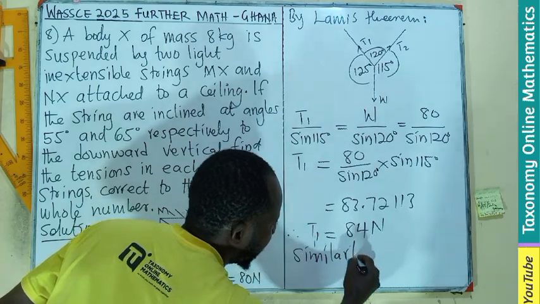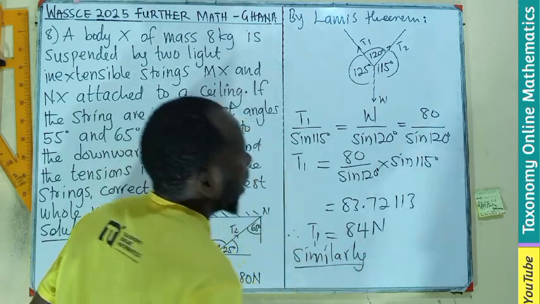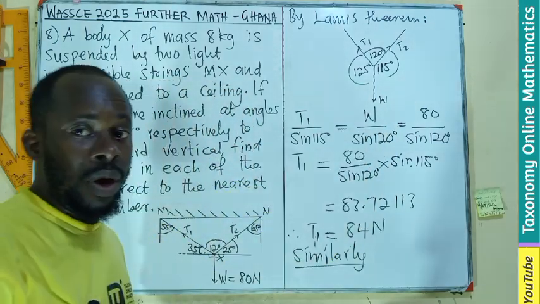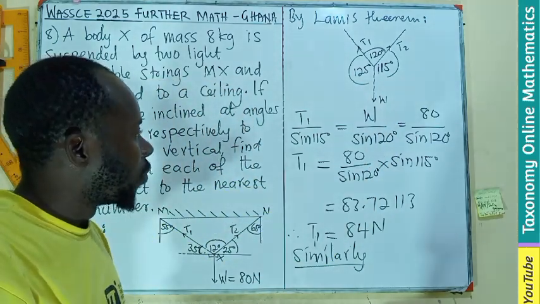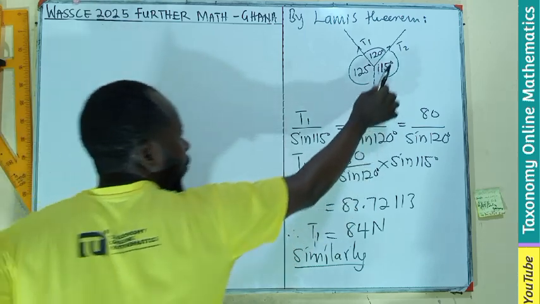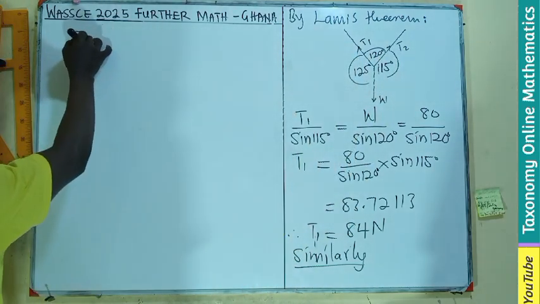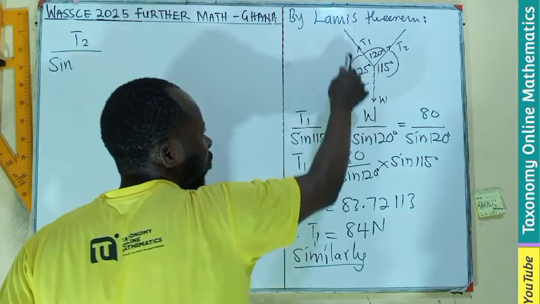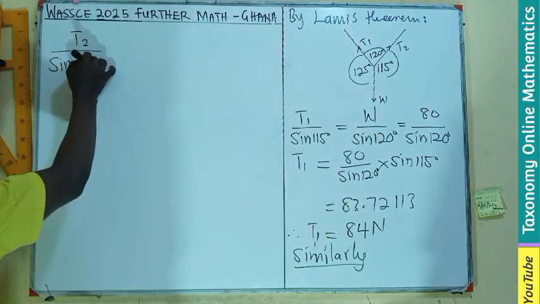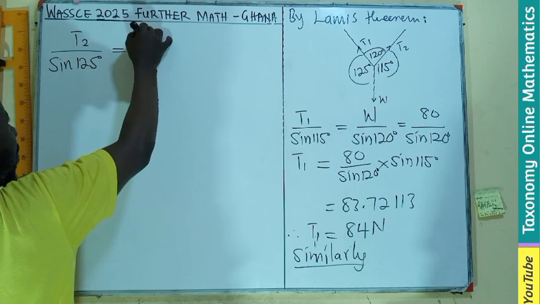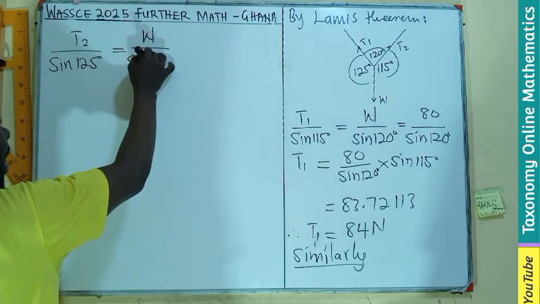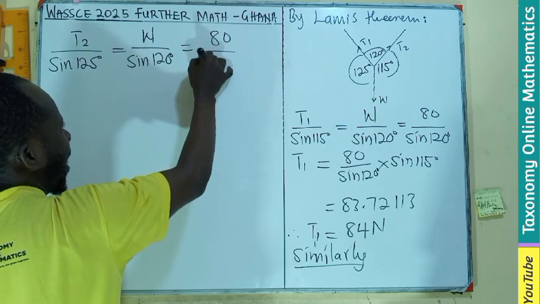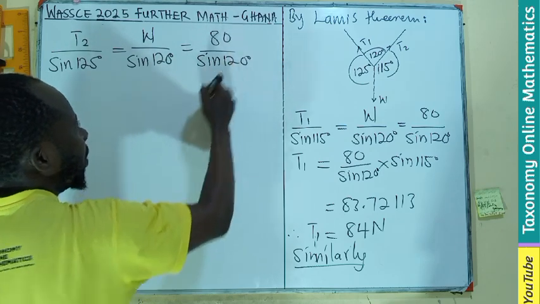So similarly, we are going to focus on how to find tension 2, following the same approach. So from here, we focus on tension 2, which is also divided by the sine of the angle between the other two forces, which will be 125, equals W divided by the sine of the angle between the other two forces. So 80 divided by sine 120.